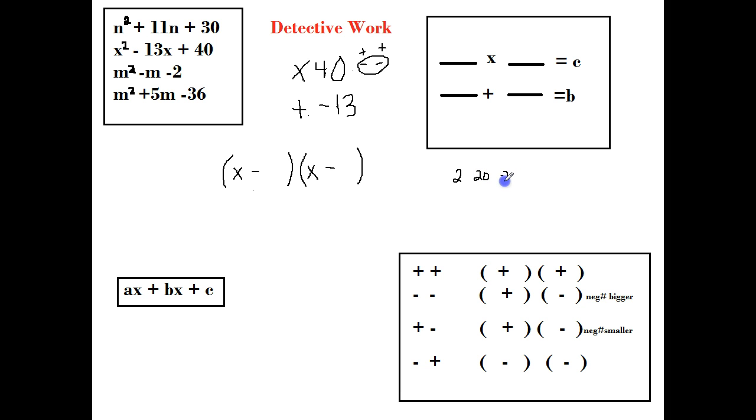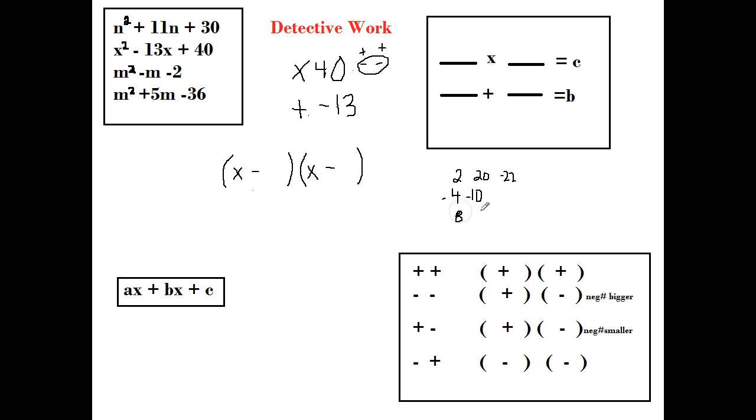That's not what we want. 4 and 10. When we multiply -4 and -10, we'd get 40, but we add them, we get -14, not -13. 8 and 5.